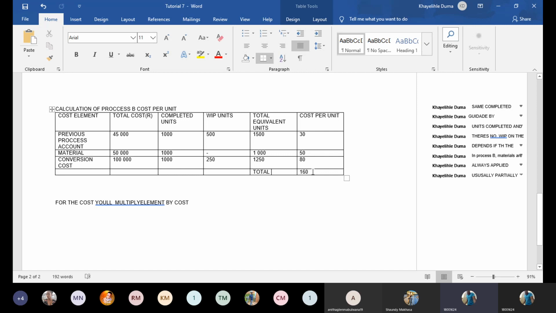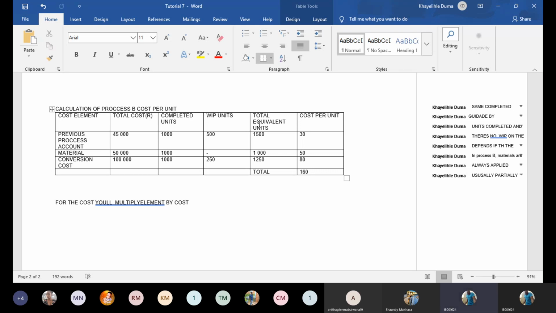If you want the work in process, then work in process is how many units? It's 500 units when you're focusing on the previous one. And then if you're focusing on conversion, you're going to say 250 multiplied by the cost. So it's simple. The most important thing is for you to get the table right.